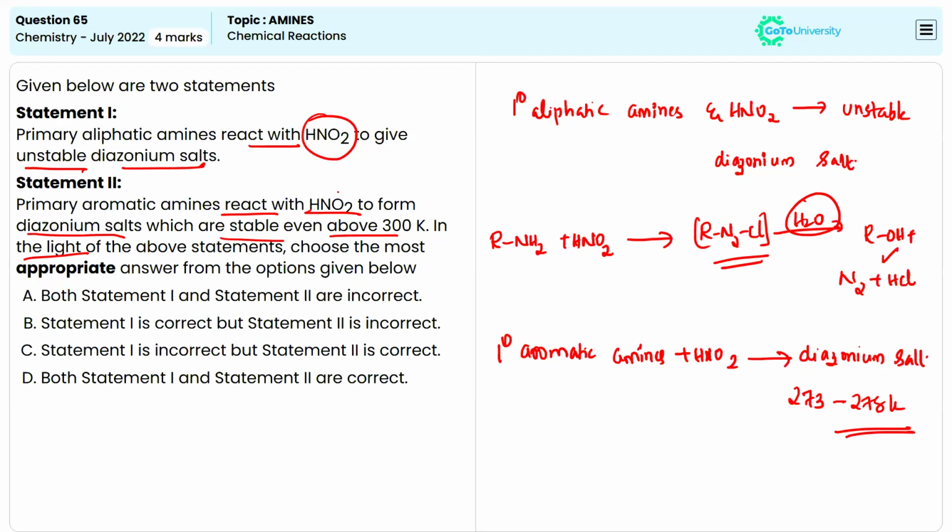So we can say the first statement is correct, right? Because they are producing unstable salt, and the second statement is incorrect because they are stable at a temperature 273 to 278, not 300. So the first statement is correct, second statement is incorrect. Option B is the correct answer. Okay, so write down the reactions and write down the products as well.